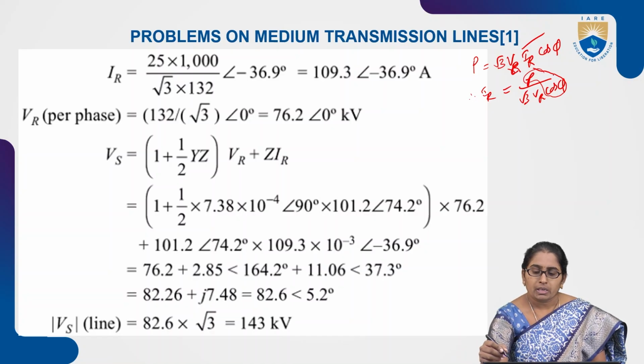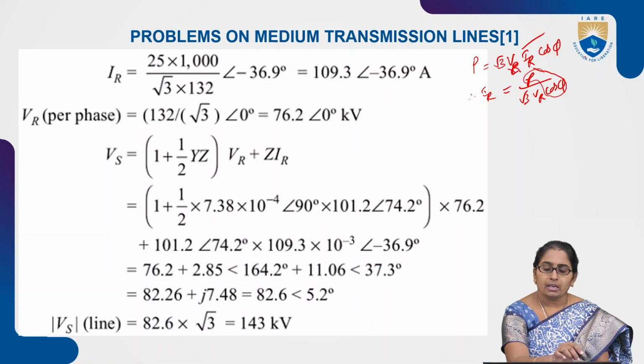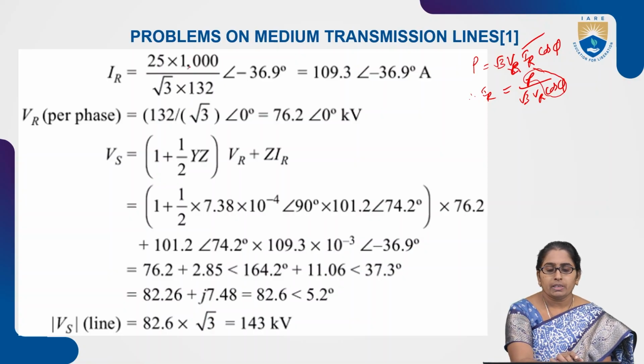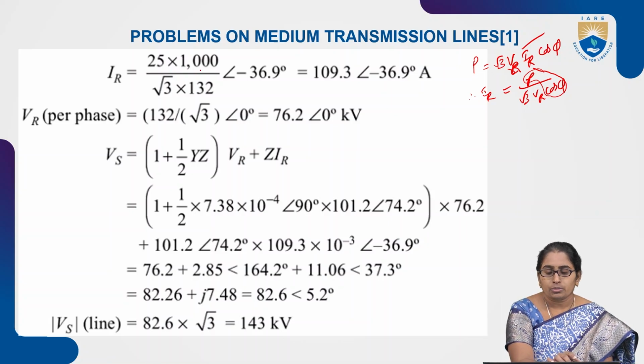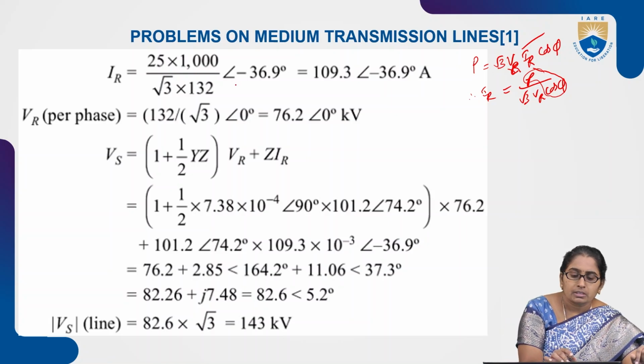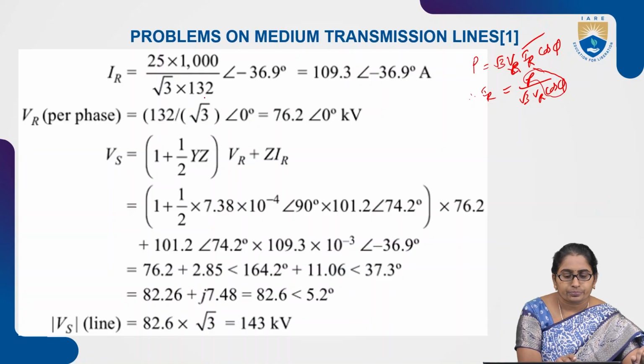So IR is calculated by substituting the MVA rating of the load, that is 25 MVA. So 25 into 10 power 6 divided by root 3 into 132 into 10 cube. The 10 cube in numerator and denominator gets cancelled, so in numerator we have only 1000.